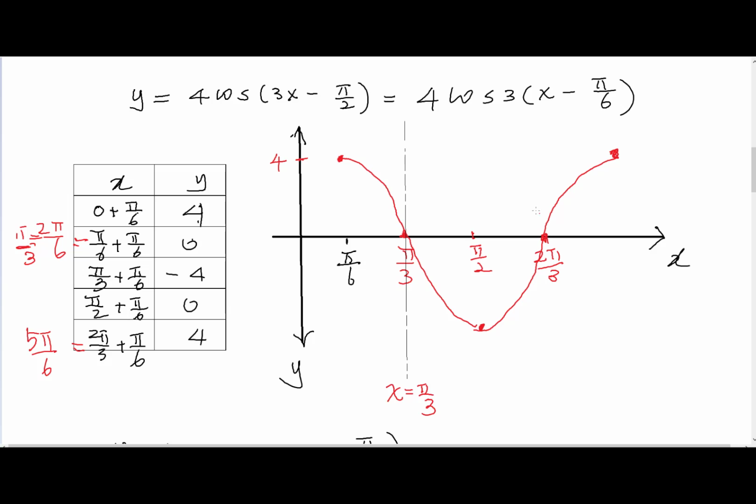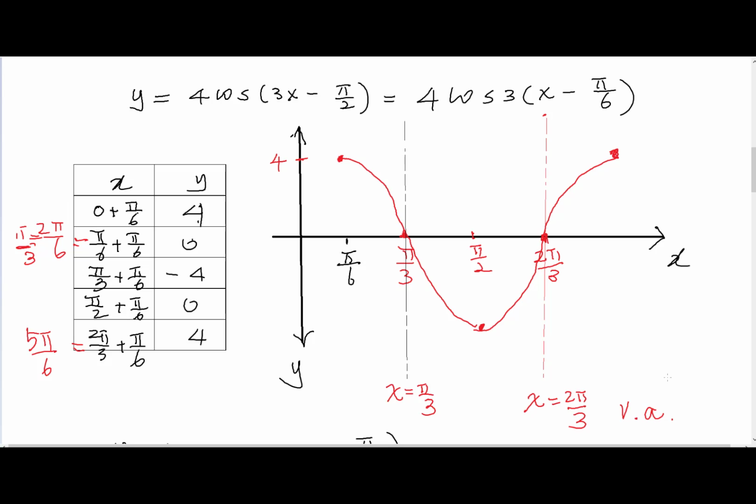And now when cosine is 0, secant has a vertical asymptote, so I'm drawing another vertical asymptote for the second function.